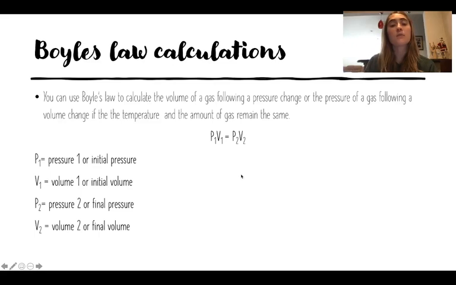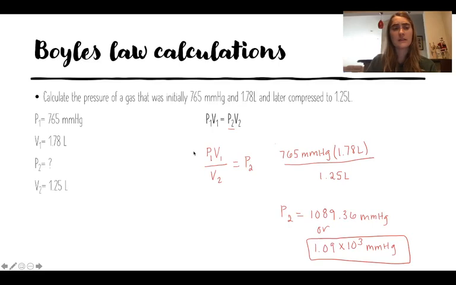And the equation is P1V1 equals P2V2, where P1 is pressure 1, or what we call initial pressure, and V1 is volume 1, or initial volume, and P2 is pressure 2, or final pressure, and V2 is volume 2, or final volume. So let me show you an example of this.